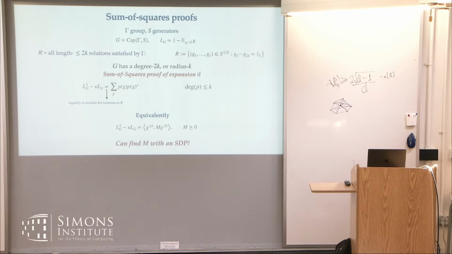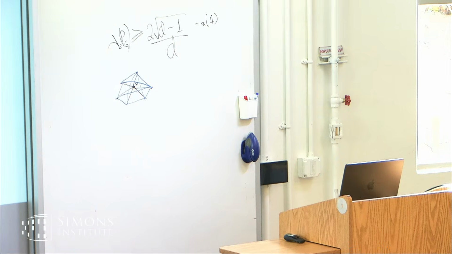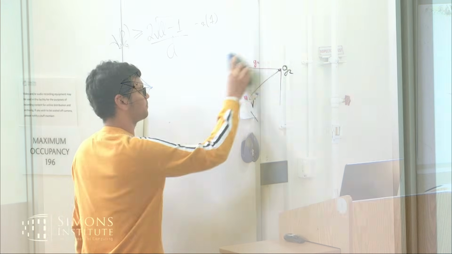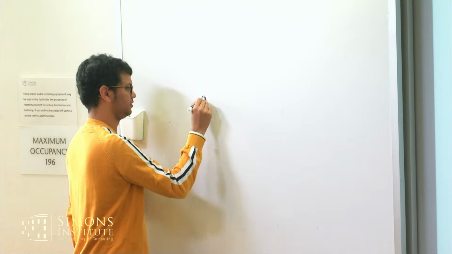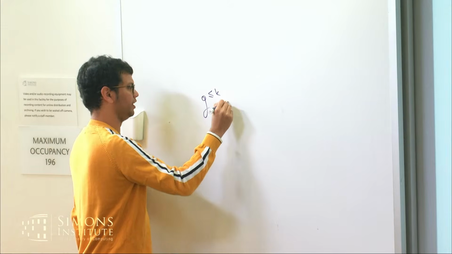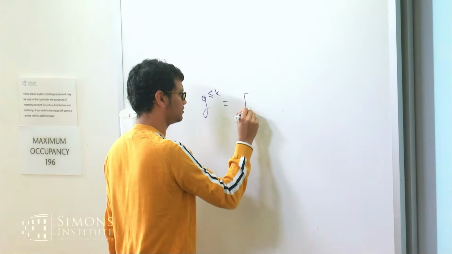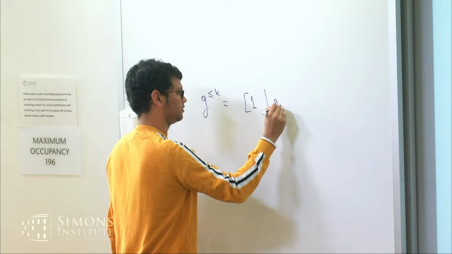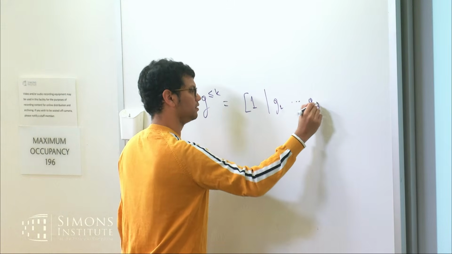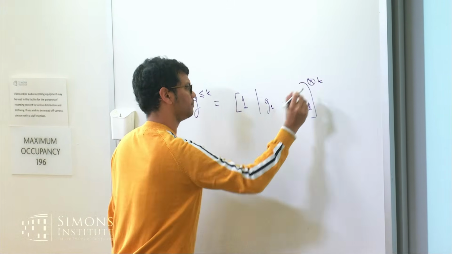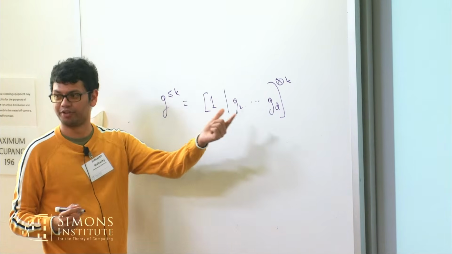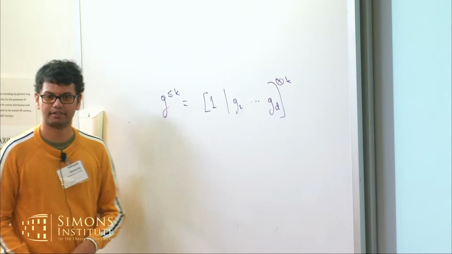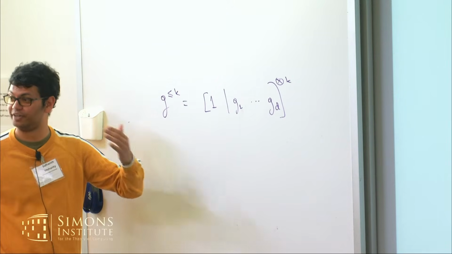Let me write that out over here. It's equal to, or equivalently, I take all words of length at most K. So it's just going to be some vector of words in G.